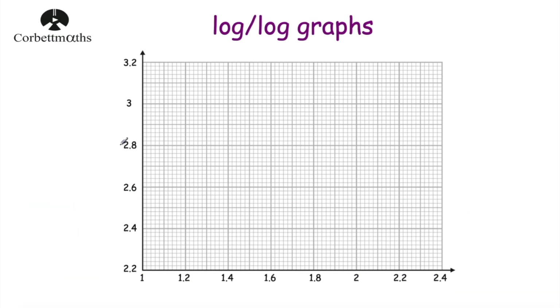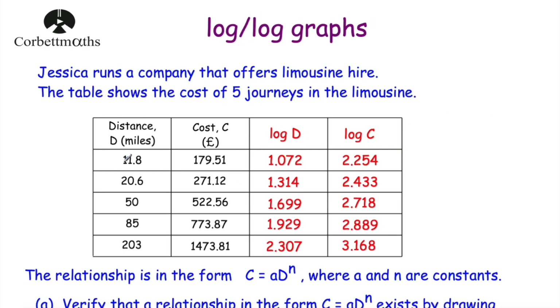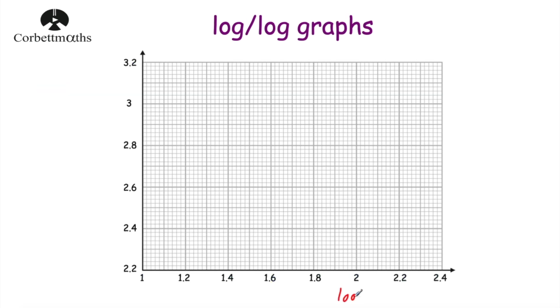This one actually perhaps was given to you, where you've got across horizontally going from 1 to 2.4, and going up vertically from 2.2 to 3.2. So let's label them. Going across horizontally, log D, and going up vertically, the log of the cost, log C.